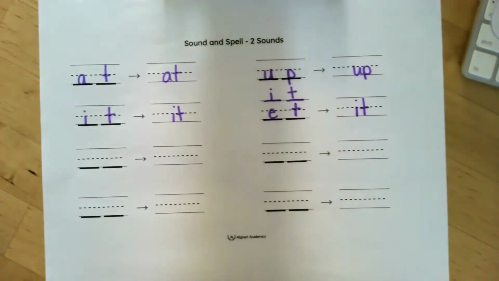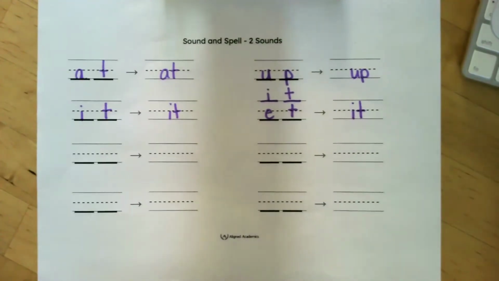And then one other thing that you want to look out for is that they're really saying the sound while they're writing it. So something that I'll notice, especially speedy kids who like to do things really fast and are rewarded by speed, because we do have fluency goals, it makes sense to me. But you really want them to go slow and enunciate the sound while they're drawing the letter.